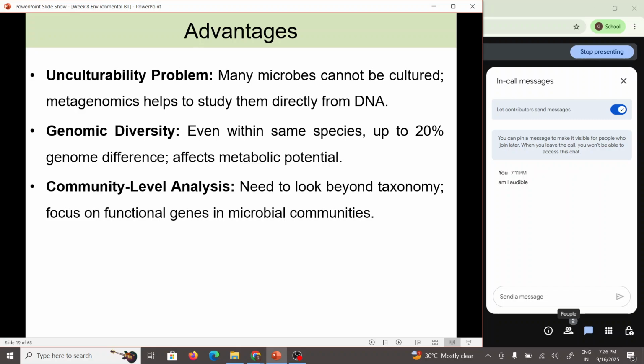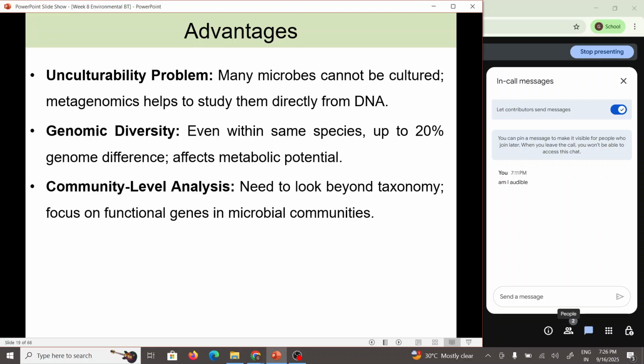Next one is genomic diversity. Even within the same species, up to 20% genome difference affects the metabolic potential. So when we go for metagenomic analysis, we can study all the genes that are present in detail. We can identify them at different similarity intervals like 90, 95, 97, or 99%.